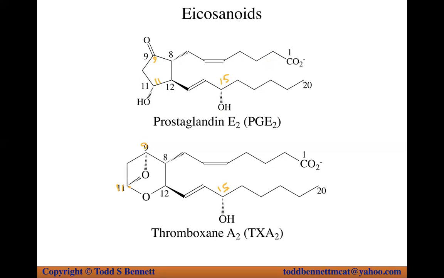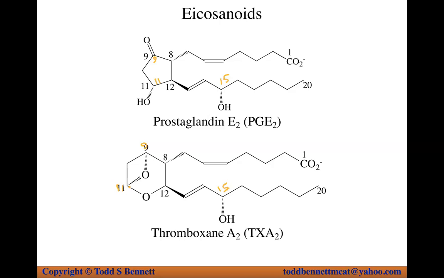So prostaglandins are formed on command as we need them. So if you cut yourself, you don't want a hormonal response. You don't want some molecule released from a gland traveling through the bloodstream and hoping it targets the right spot. Instead, the right spot releases a prostaglandin, which ultimately sends a pain signal or a repair signal, a clotting signal, whatever signal you need. So it's a local response.